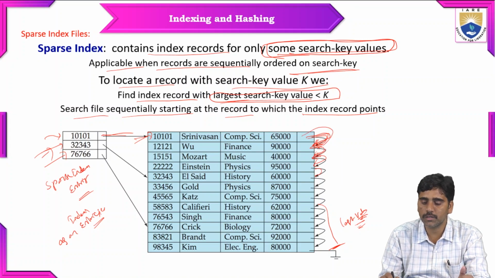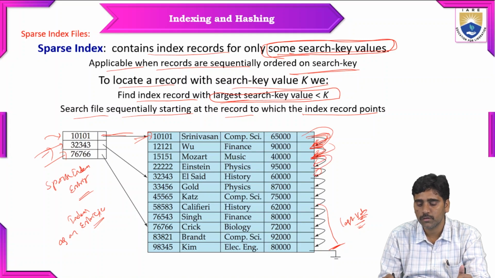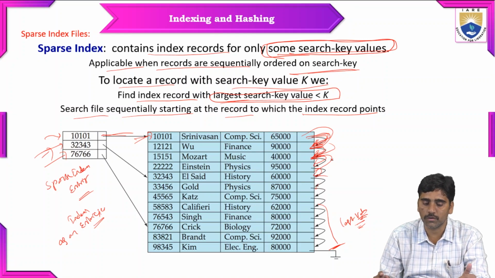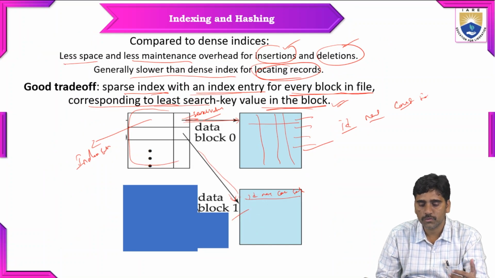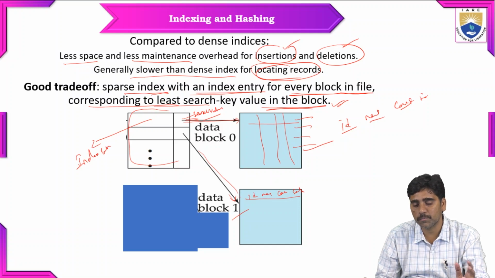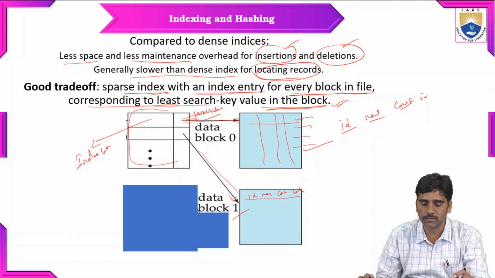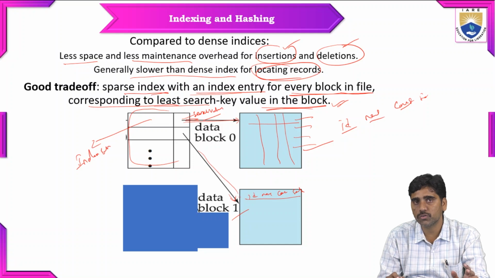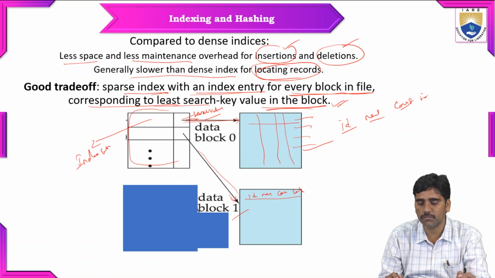Each points to the next record, up to the record which we are searching for being found. Compared to dense indexes, a sparse index takes less space and has less maintenance overhead for insertion and deletion operations.